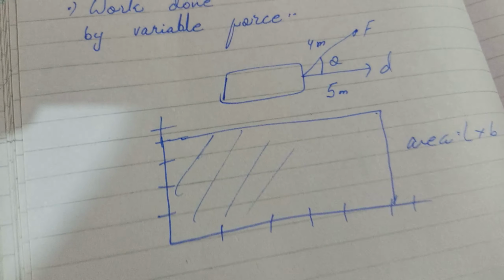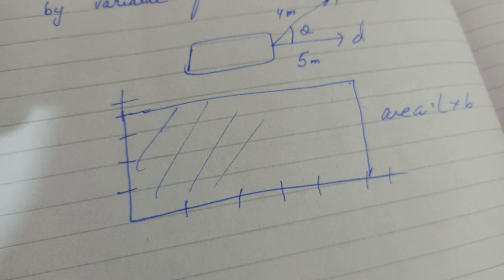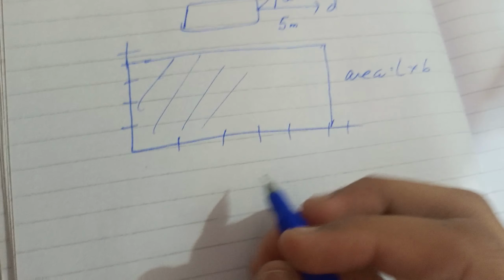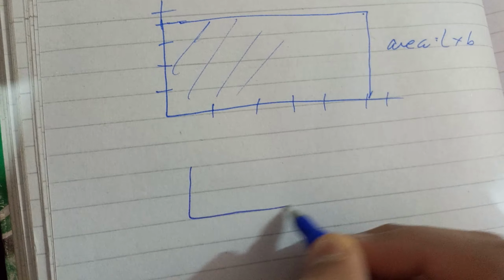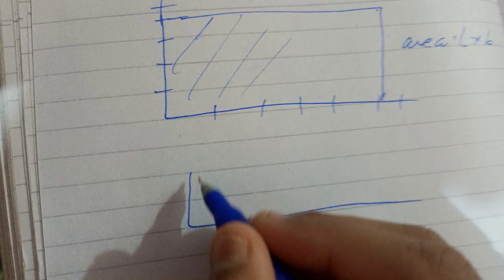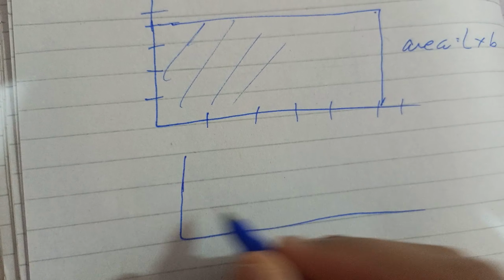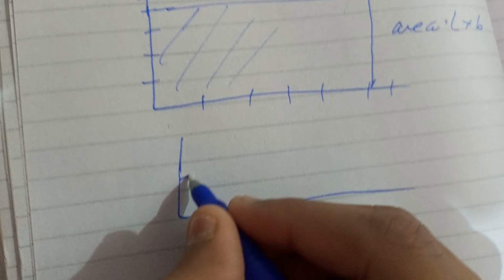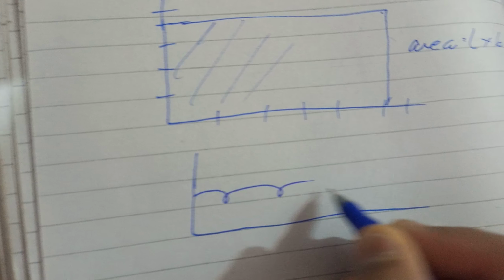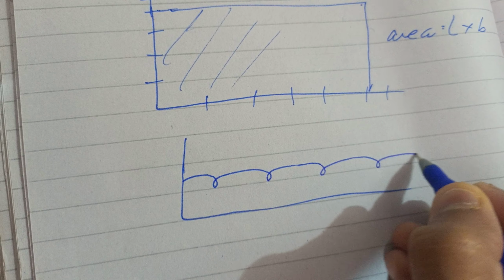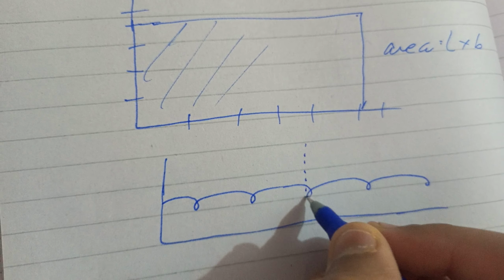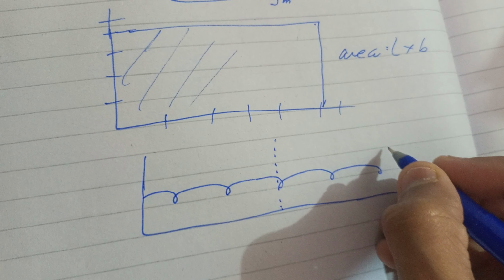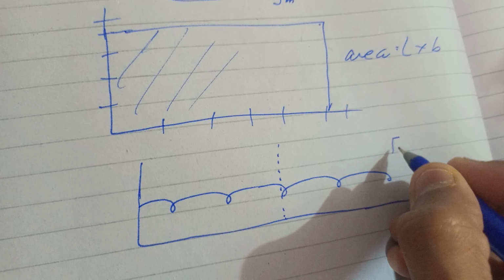I will give you one example, and I hope you will understand it quickly by that example. Let's make a diagram here. This is the diagram, and it has a spring in this direction. It's the mean position, and this is called F1.